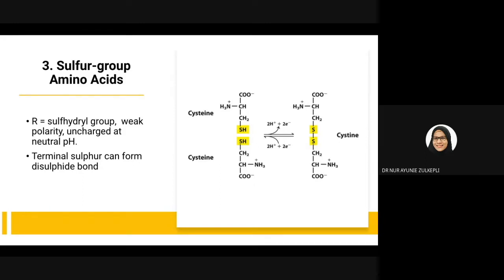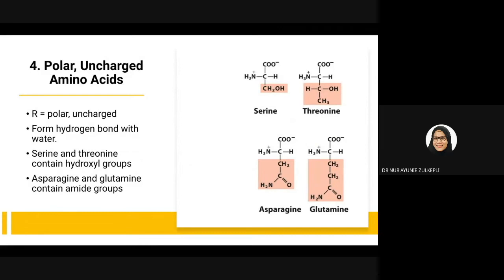All right. And number 4, this is number 3, number 4, polar uncharged, neutral amino acids. The R structure of asparagine, glutamine, threonine, and serine is polar and uncharged, and it can form hydrogen bonds with water.